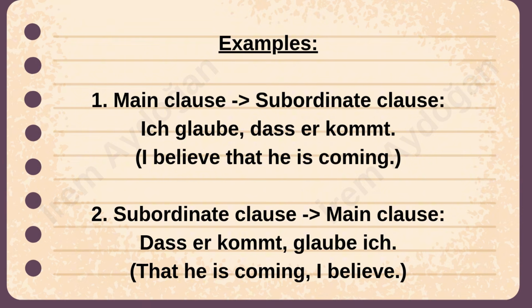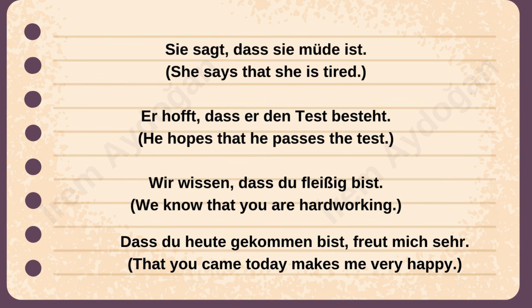The next one, sie sagt, dass sie müde ist. She says that she is tired. And the next one, er hofft, dass er den Test besteht. He hopes that he passes the test. And the next one, wir wissen, dass du fleißig bist.